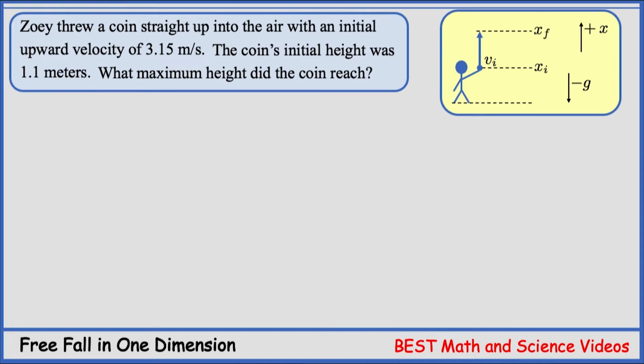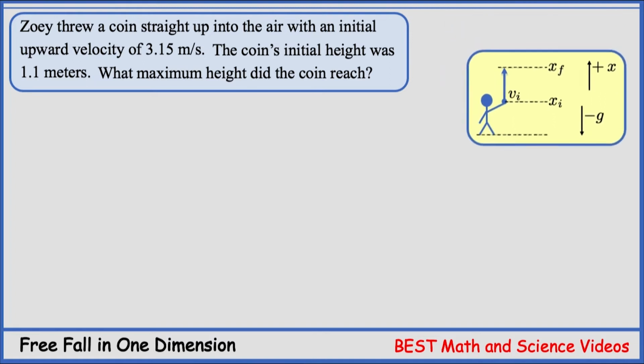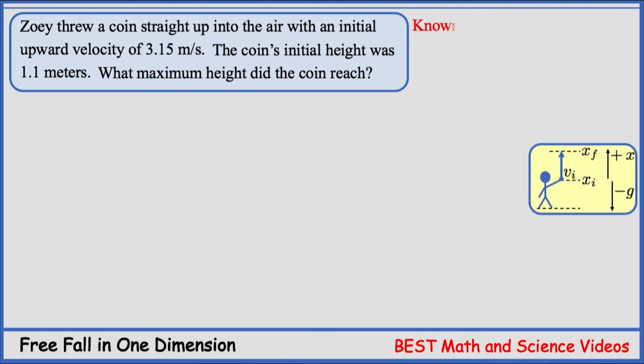So let's look at what we know. We know that the initial velocity is 3.15 meters per second. It is positive because we define upward as positive. And we know the coin's initial height, xi, is 1.1 meters. And as the coin is moving upward, the only force on it is gravity.